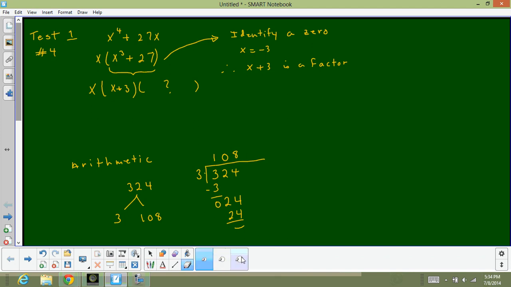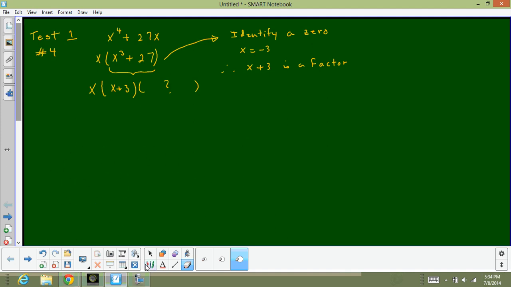Now, if we kick it up to algebra, we're going to use the exact same technique. We know one factor of x cubed plus 27 is x plus 3. And then the question is, what's the other factor?